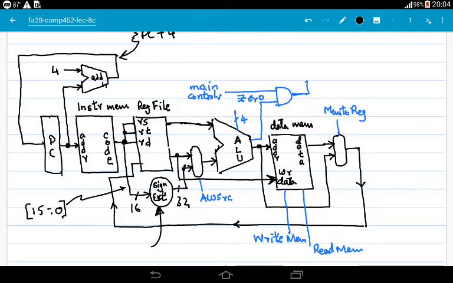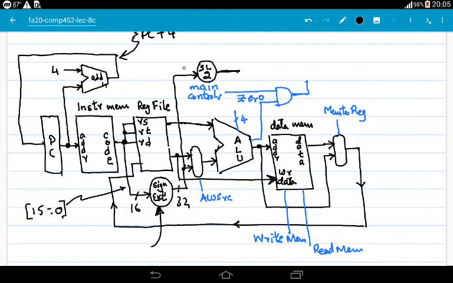So we take this line from here, we bring it here, and we pass it through shift left 2 bits. Now this number has been multiplied by 4.